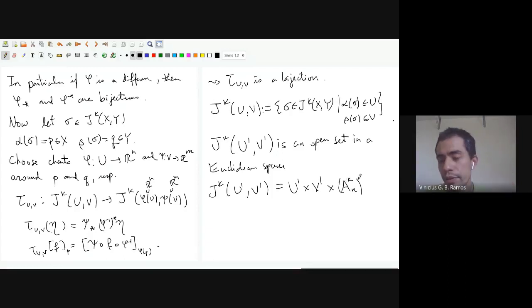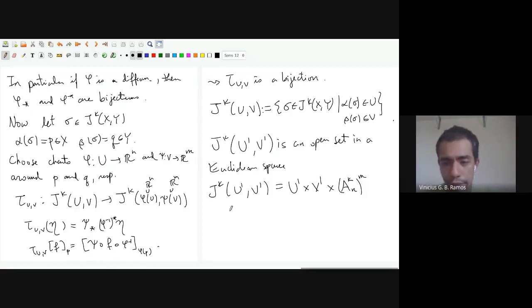So you look at the Taylor polynomial for each variable. A function from U prime to V prime is basically m functions from Rn to R. So you have this A^k_n to the m.